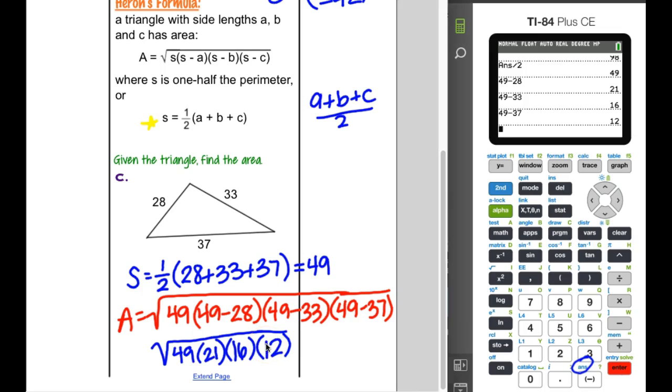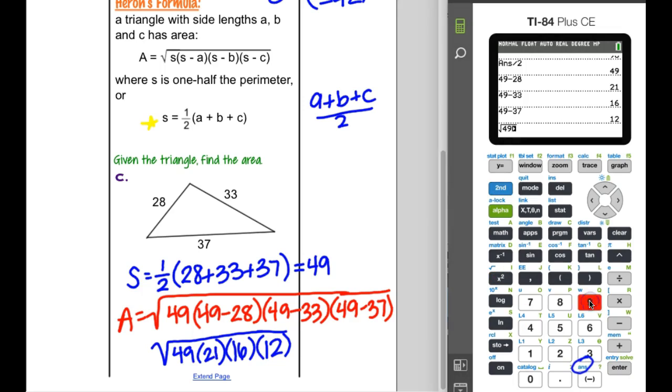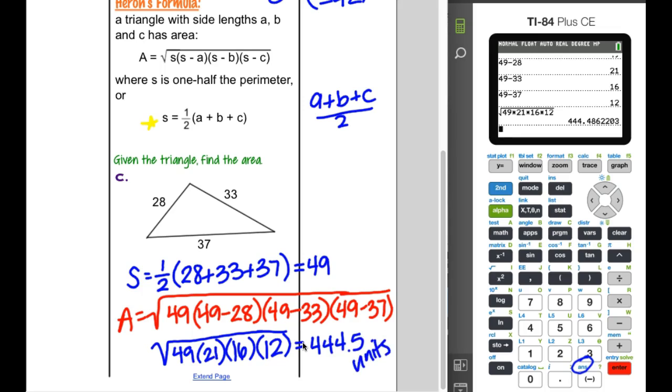So now I can say square root of 49 times 21 times 16 times 12. And if you've guessed, yes, you're right, it's going to be a big number. Not huge, but big. So then our answer is, to the nearest tenth, 444.5, and we can say units squared since it is the area.